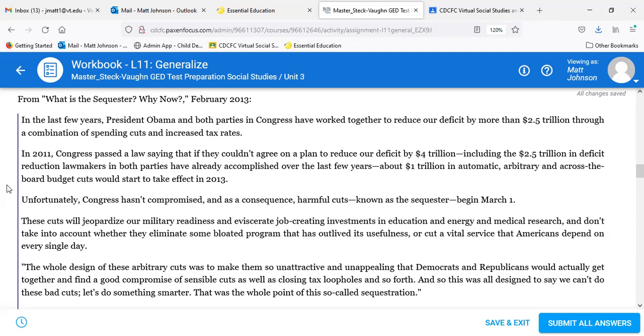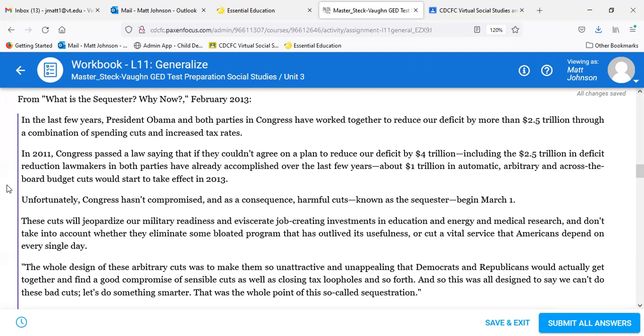The whole design of these arbitrary cuts was to make them so unattractive and unappealing that Democrats and Republicans would actually get together and find a good compromise of sensible cuts as well as closing tax loopholes and so forth.